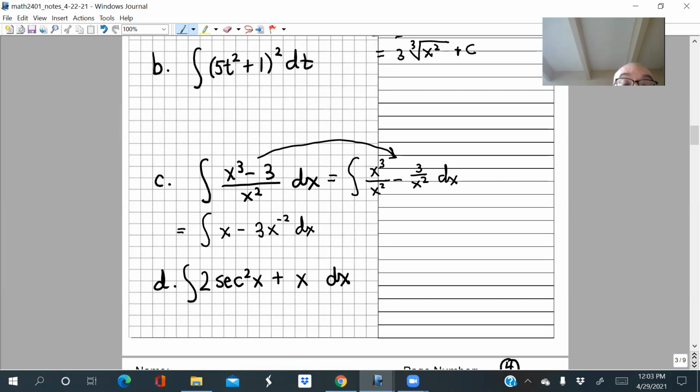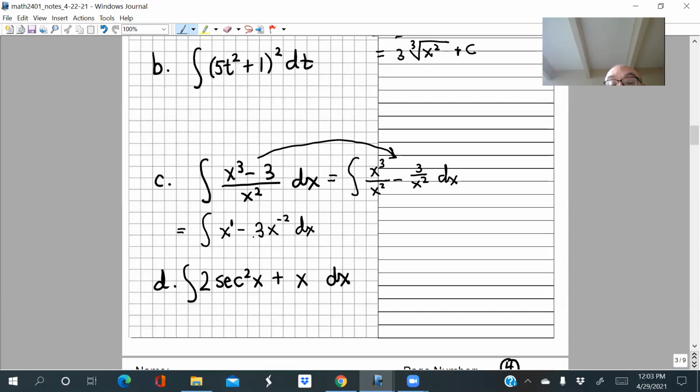This is x to the first power, and this is x to the minus 2 power with that extra 3 there. But if we sort of ignore the 3 for a moment, what we have are just powers of x. And we know how to integrate powers of x because we can do that using the anti-power rule. So we have hope here of finding this antiderivative.